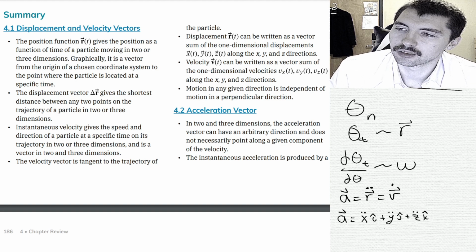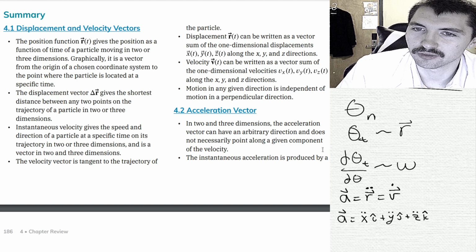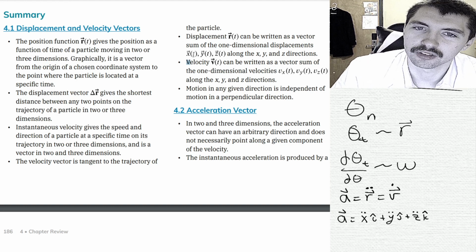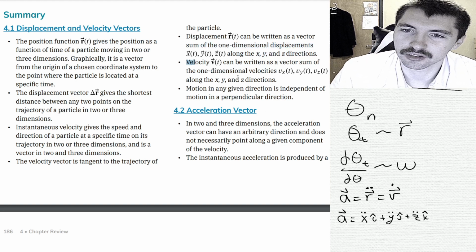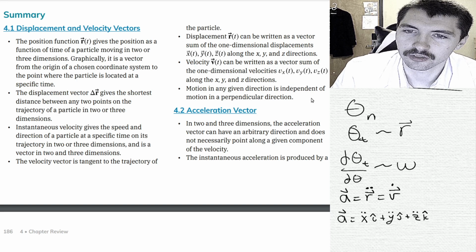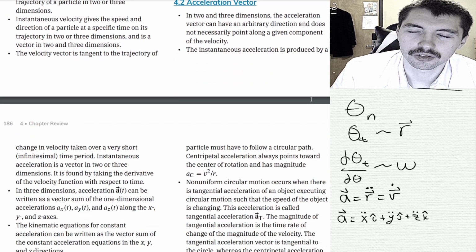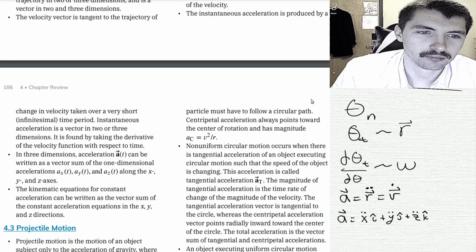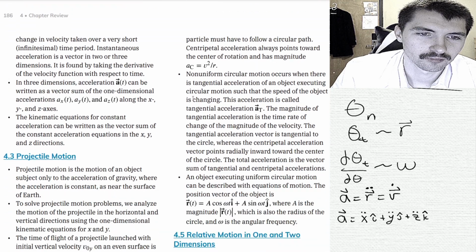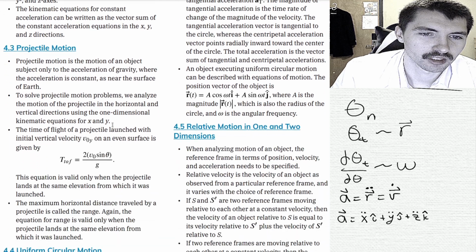You can write it like that as well. I mean, this is the function x of t, but I omitted the parentheses t. What else? Motion in any given direction is independent. Time of flight.